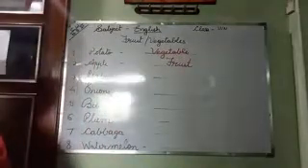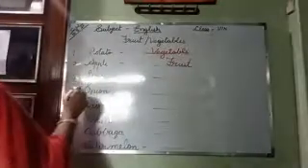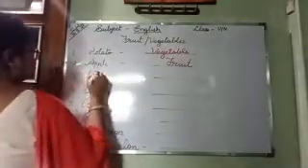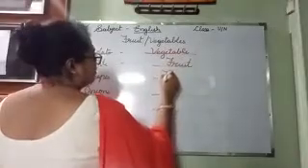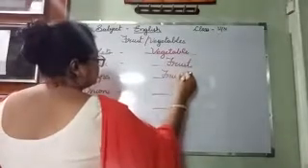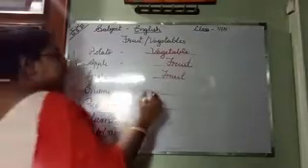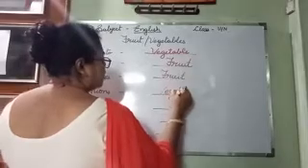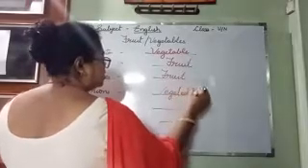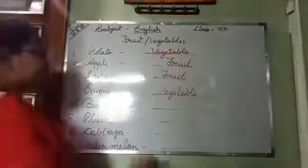Next it is written grapes. Grapes is a fruit. F-R-U-I-T. Then onions. Onions is a vegetable. V-E-G-E-T-A-B-L-E. Next, beans. Beans is a vegetable.